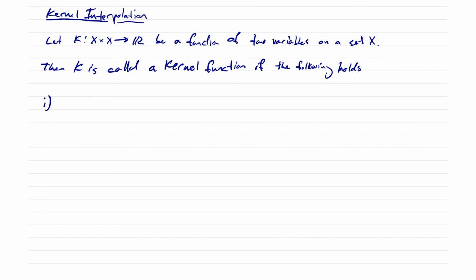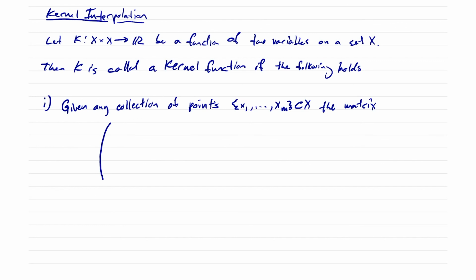So one, given any collection of points x1 up to xm in X, the matrix that we make like this: k(x1, x1), k(x2, x1), all the way down to k(xm, x1).